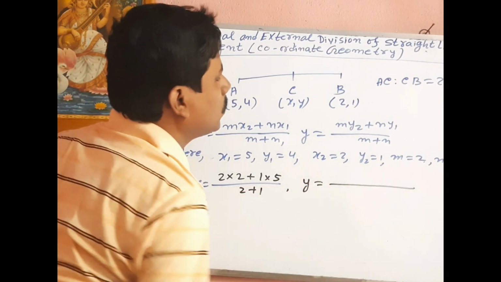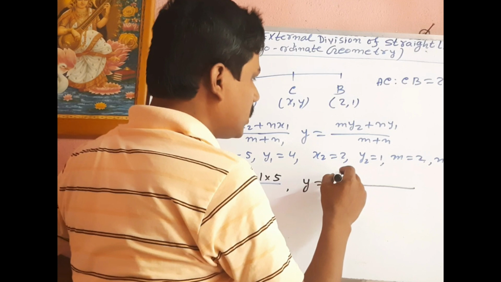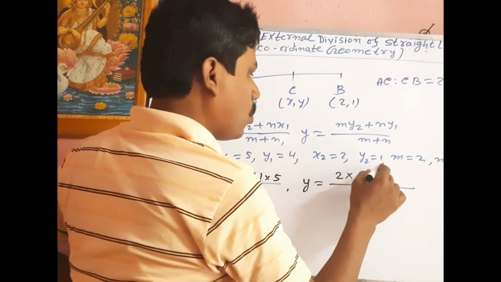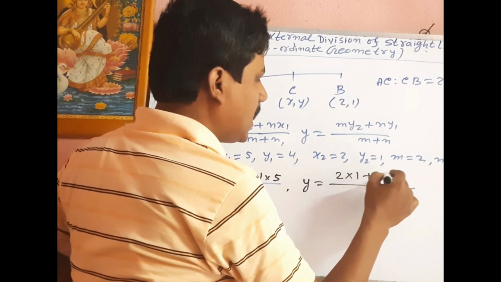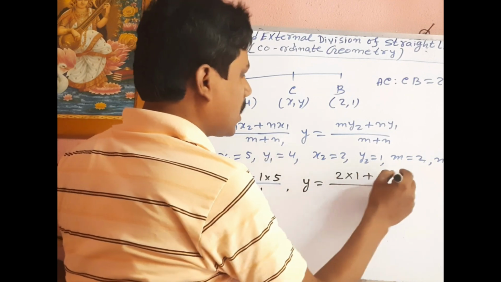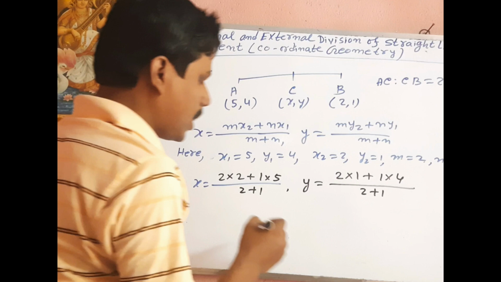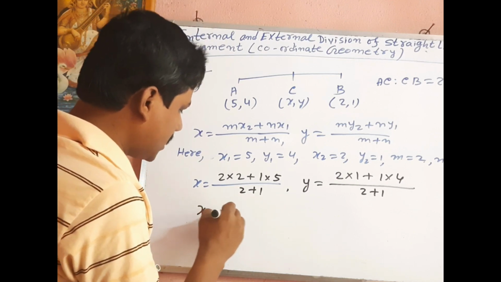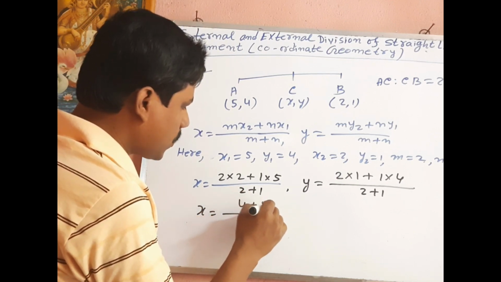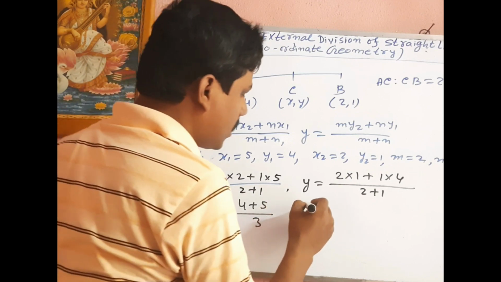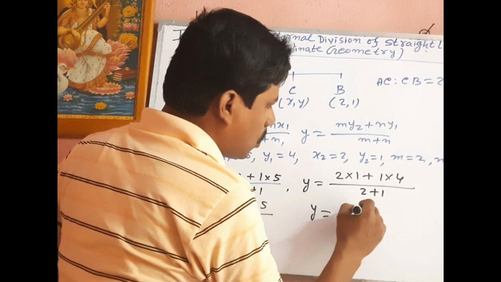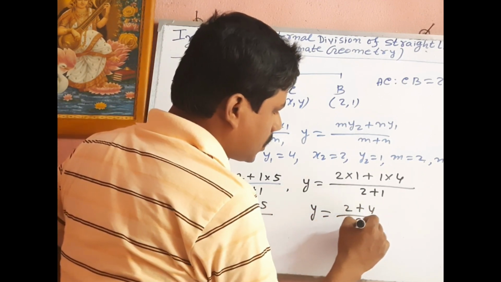And y is equal to, putting the value of m as 2, y2 is 1, plus n equal to 1, y1 is equal to 4, divided by m plus n, these are 2 plus 1. So x is equal to (4 plus 5) by 3, and here y is equal to (2 plus 4) by 3.